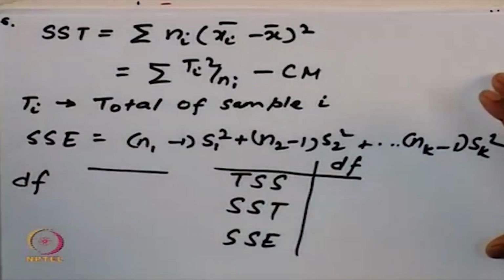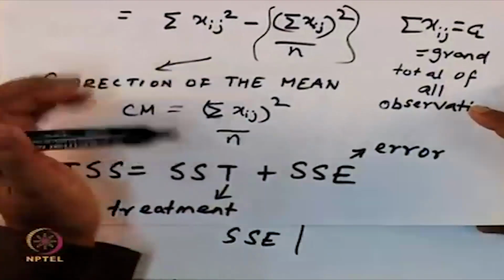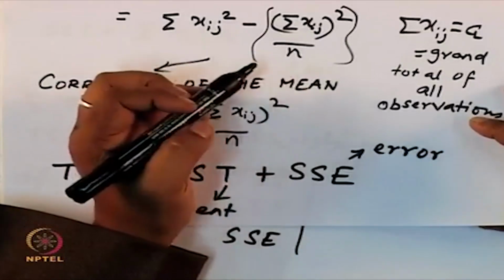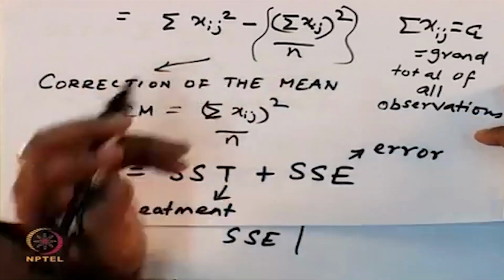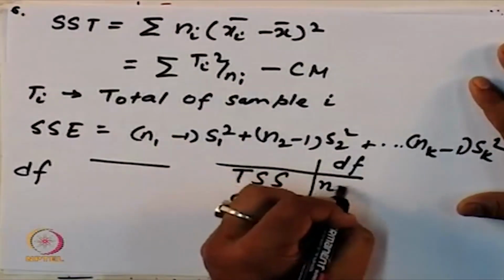So, for TSS, okay, so TSS is this, and it has a total of n squared terms, okay, contributions of n squared terms. So, the degree of freedom of TSS is n minus 1.